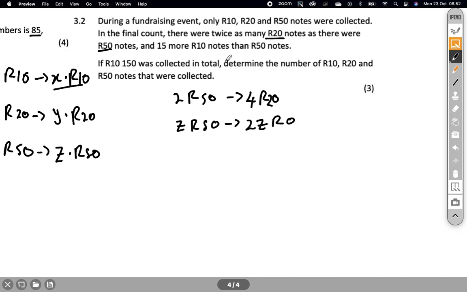Okay, and then they furthermore said 15 more 10 Rands than 50 Rand notes. So if you collected 5 50 Rand notes, you collected 15 plus 5, which is 20 10 Rand notes. Okay.